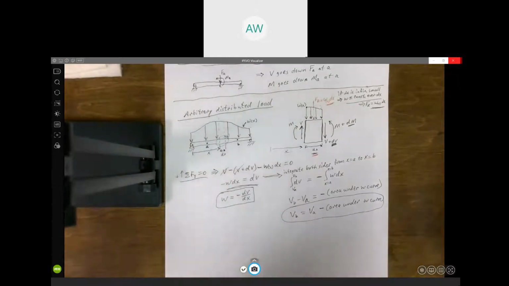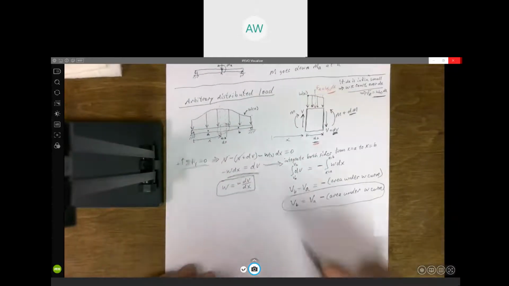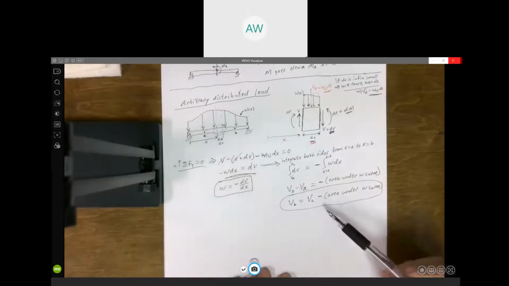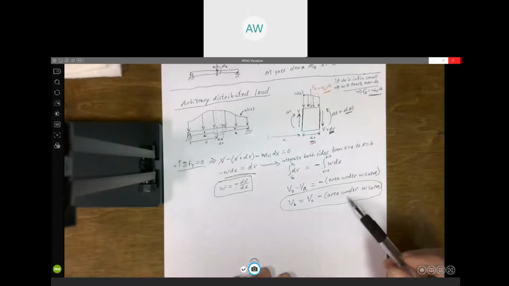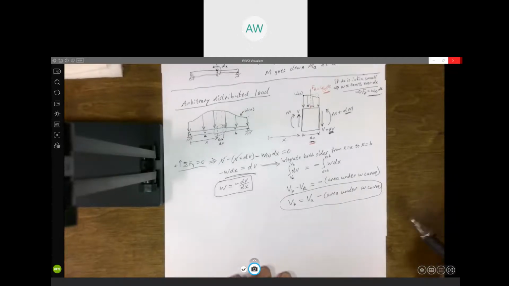This is the result we're after. So if we have a distributed load acting on a beam, then I know the shear force is going to basically go down. In this case, negative, so we're going to subtract whatever the area is under that distributed load curve.